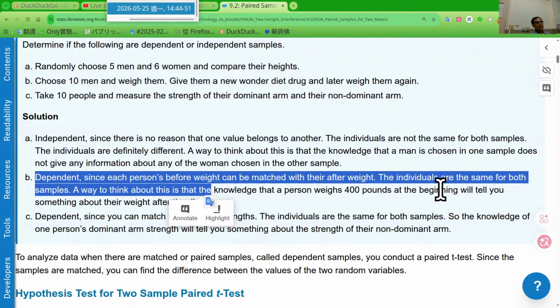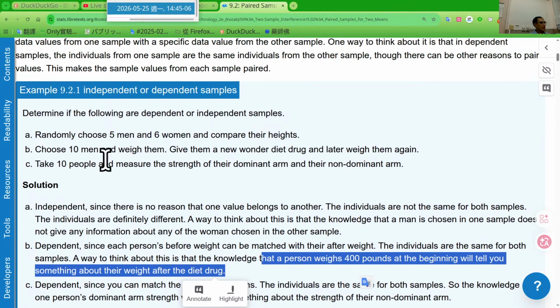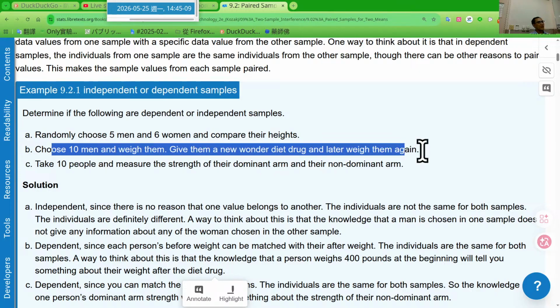The individuals are the same for both samples. A way to think about this is that knowing the person weighs 400 pounds before taking the medicine tells you something about their after weight. So the men before had the diet drug and after that they are paired. They are dependent.